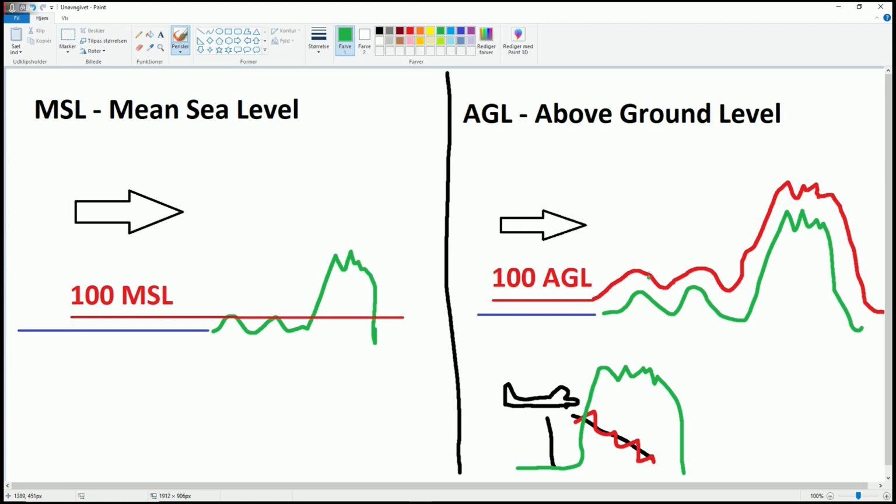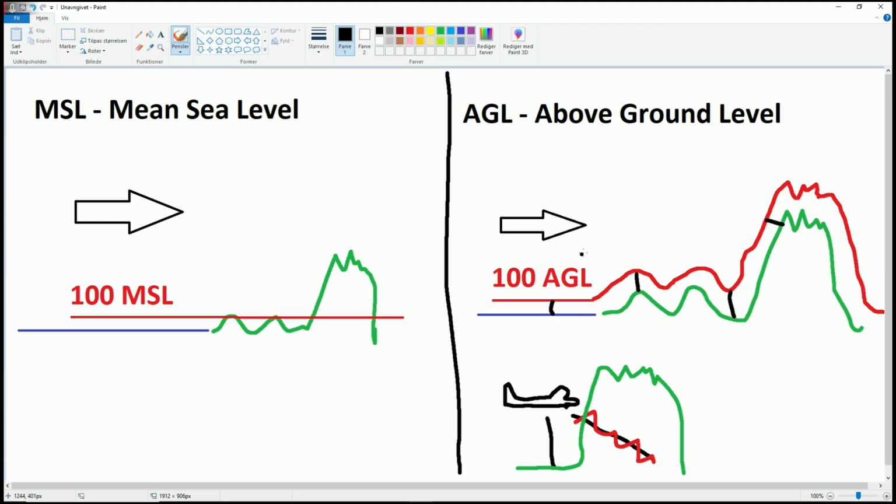When you get over land, you get into a bit hilly terrain. To maintain 100 AGL, you need to go up and down. You need to follow the terrain, because the distance here is 100. This is 100, this is 100, and so on.